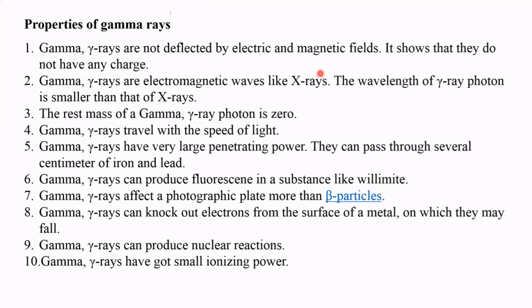But a few properties differ between gamma rays and X-rays: the penetrating power and energy levels, and radioactivity, nuclear reaction. The major differences are penetrating power and nuclear reaction, which most differentiate gamma rays from X-rays.